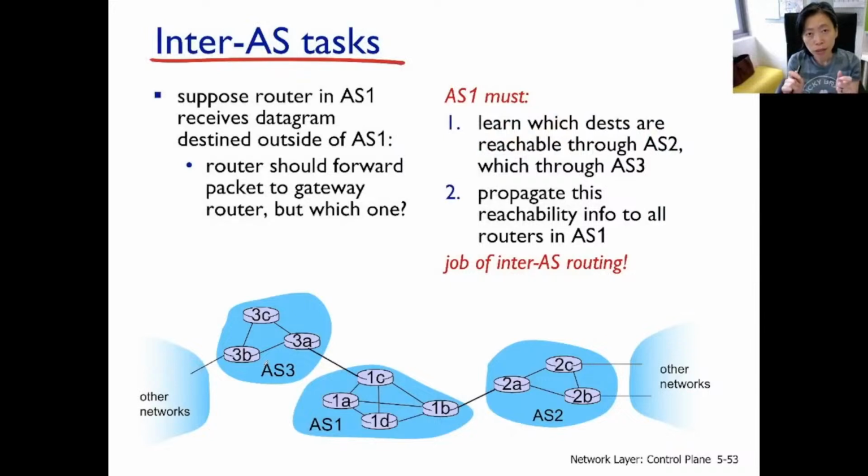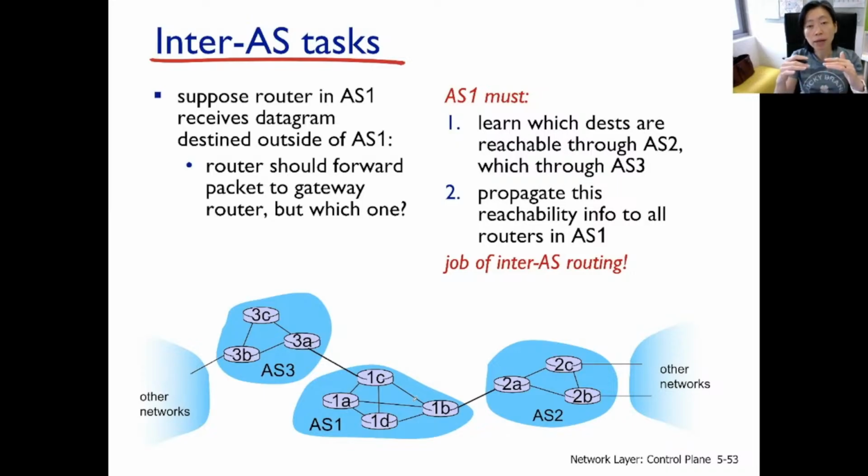To make sure the interplay of the intra-AS and inter-AS routing is more clear, let's take a step back. Look at AS1 here: 1A, 1B, 1C, and 1D. These routers within the AS would run the intra-AS routing. Therefore, they would know the shortest path to each other. No problem.